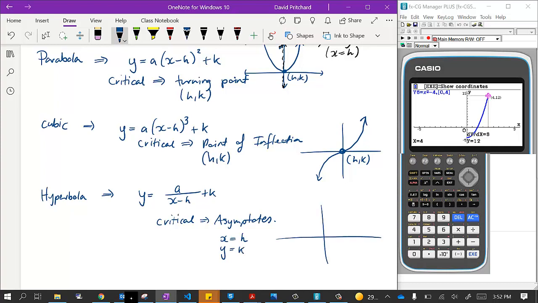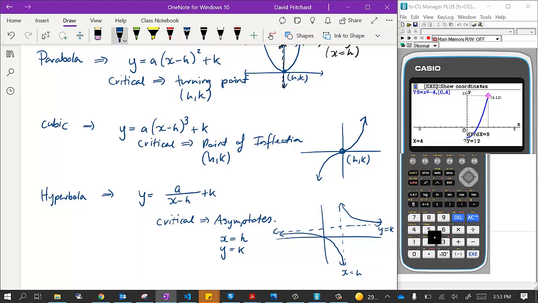So when we look at this, if we've got our line y = k, and we've got our line x = h, our shape is that it stays within those opposite quadrants. As it approaches h, it goes down to negative infinity. As it approaches negative infinity in the x, it approaches 0 or the k value and so on.